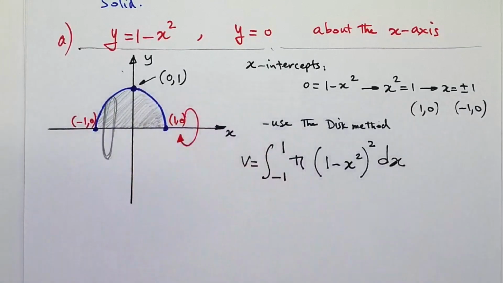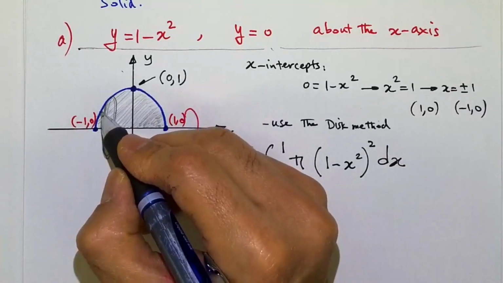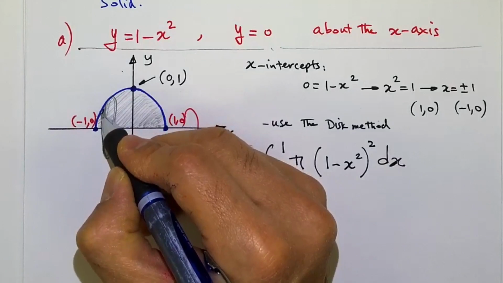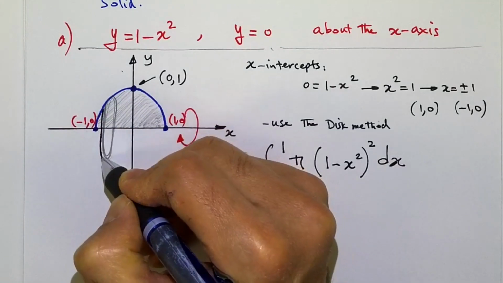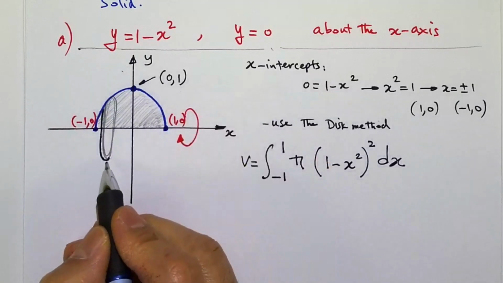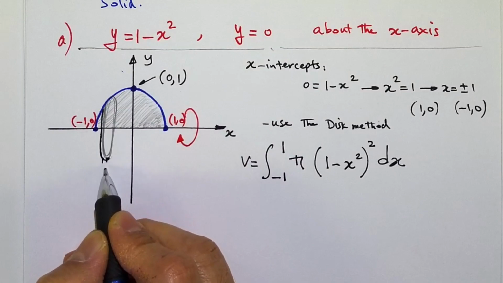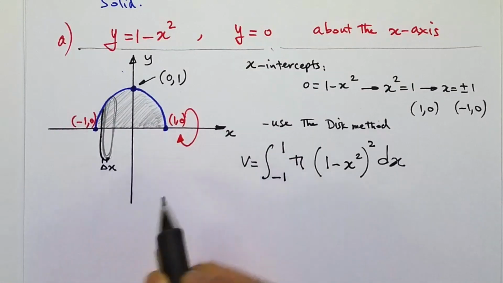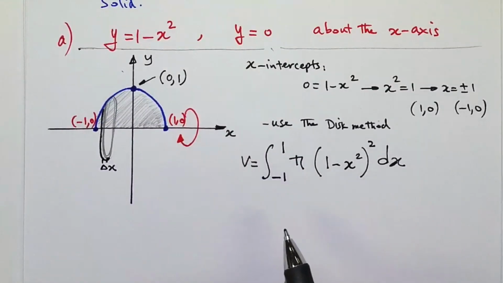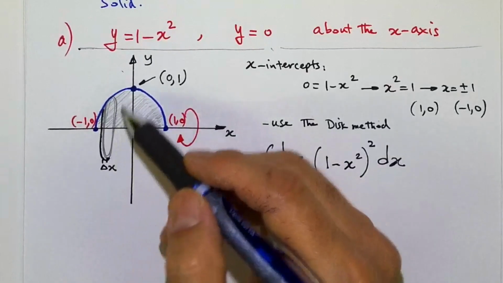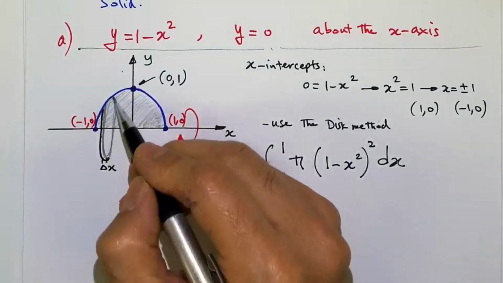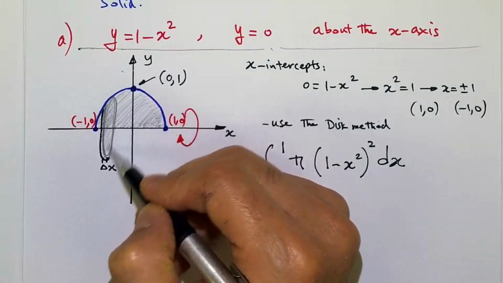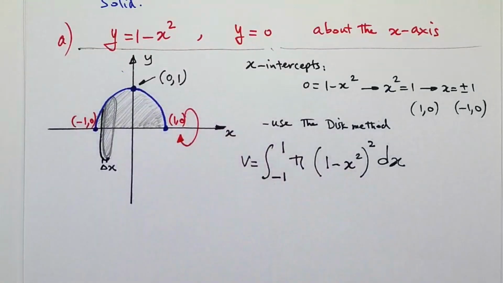So if I give it a little bit of depth here, like that, that thickness right there is delta x, which would translate into dx, and then we have disks going through from -1 to 1 to give us the volume that we're calculating.